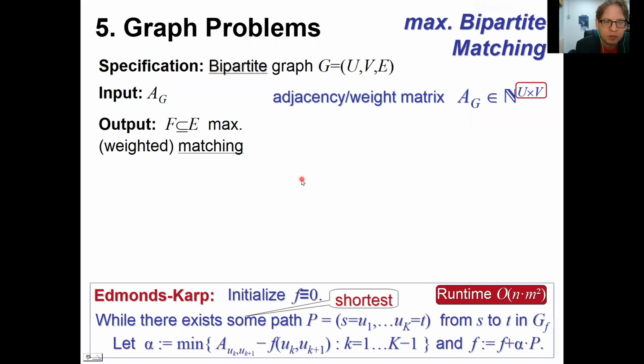Let's consider the maximum matching problem in bipartite graphs. Remember, we talked about complete bipartite graphs, and more generally, a bipartite graph is a graph whose vertices can be partitioned into two groups, left and right, or U and V, and edges only run between the different groups, not within a group.